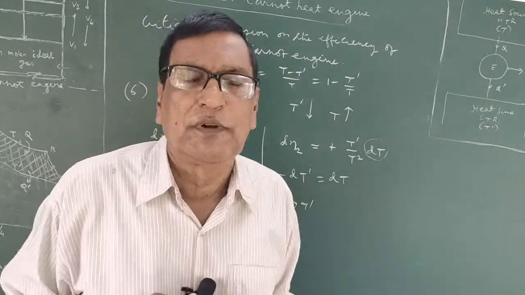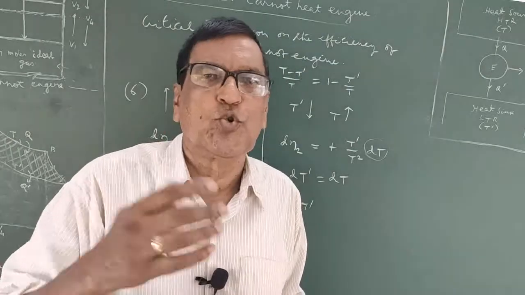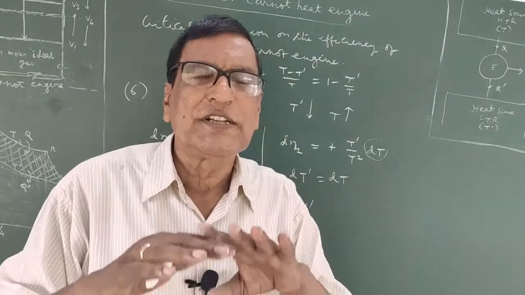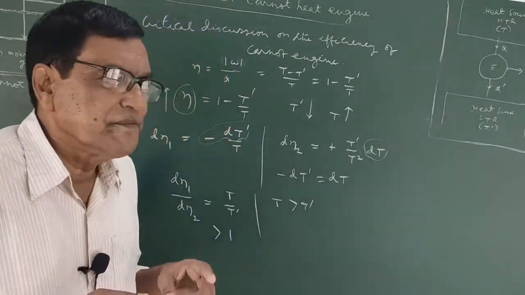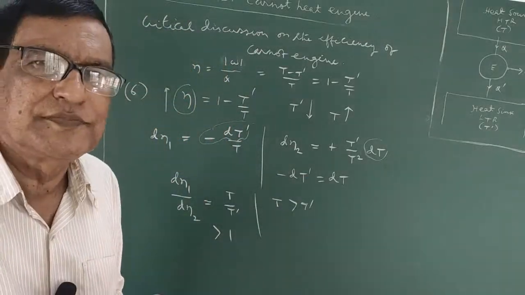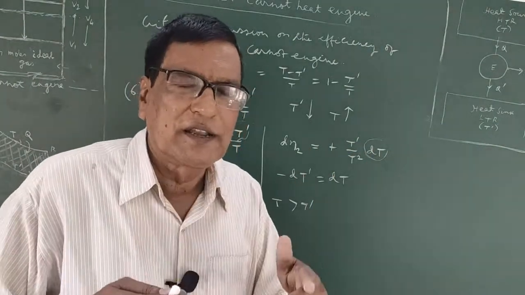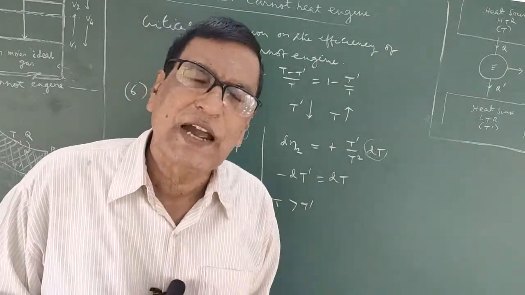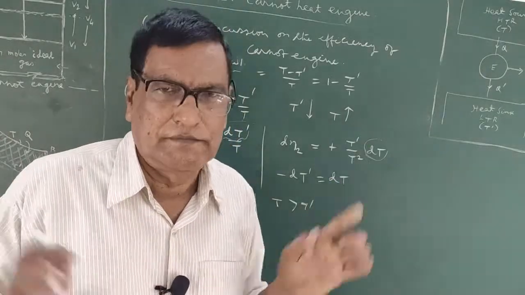It is not possible. Rather, we can increase the temperature of the source. Suppose in a steam engine, we can use high pressure steam. In ordinary steam, whenever water is boiled, its temperature is 100 degrees centigrade or 373 Kelvin.